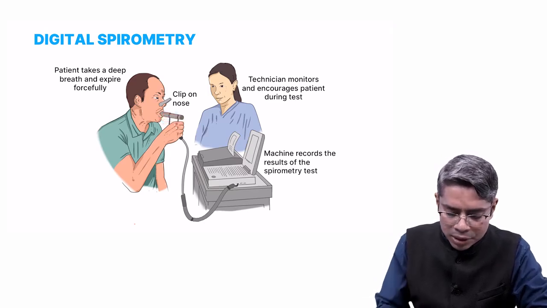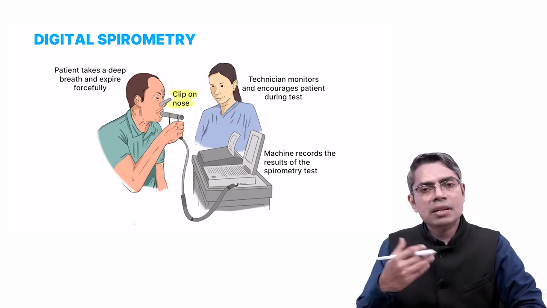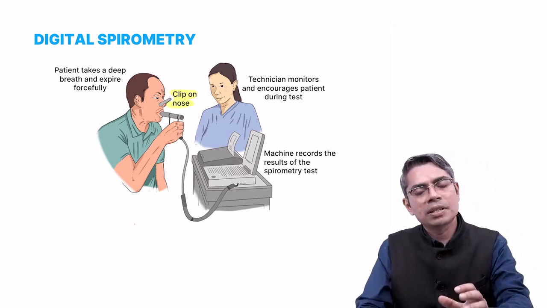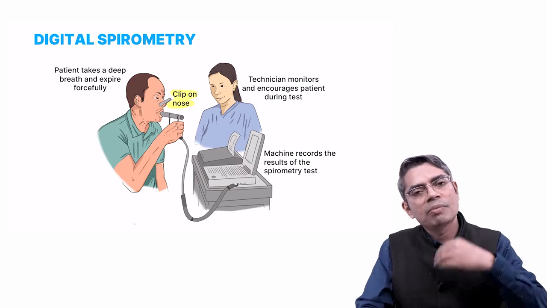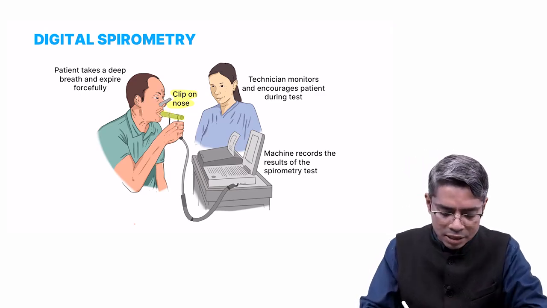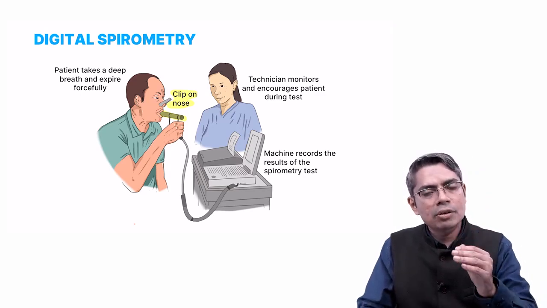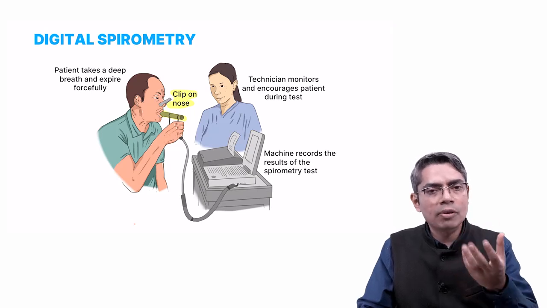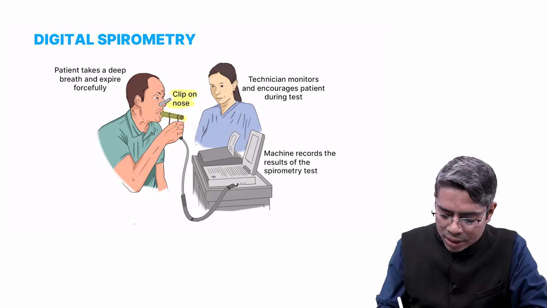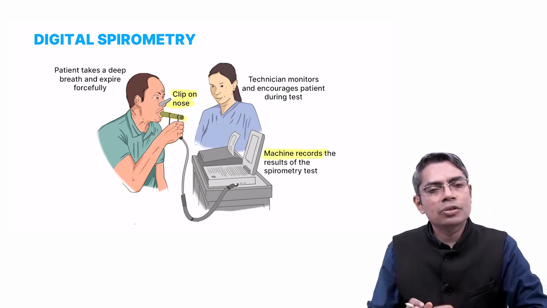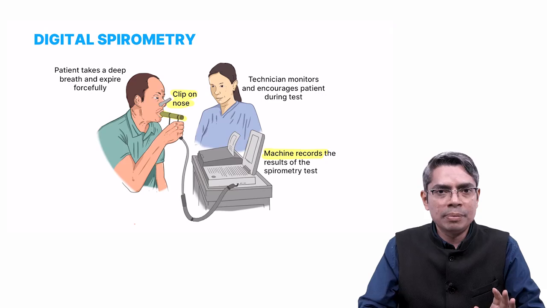After closing the nose of the subject, you ask the subject to do normal inspiration and expiration, followed by a forceful expiration inside this mouthpiece. The sensor will detect the changes in the volume of air, and it will be recorded on this machine, right?